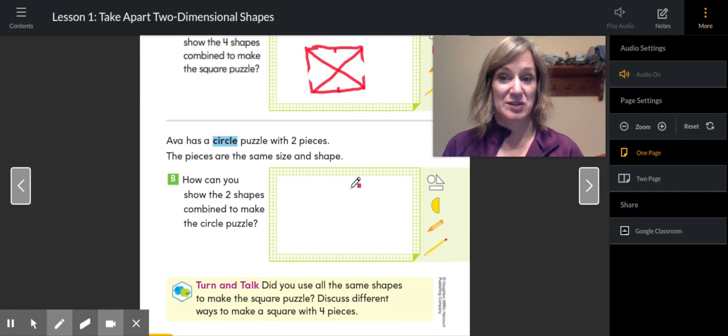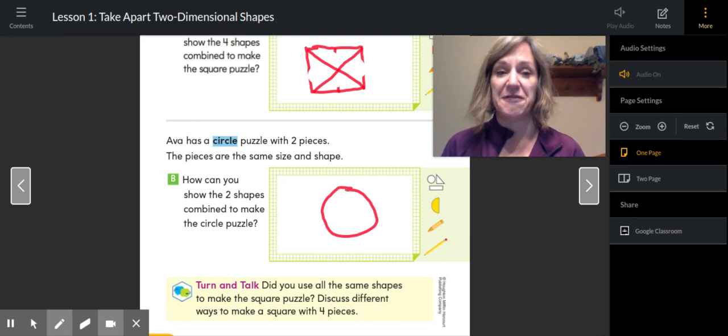So now here's a circle puzzle. Ava has a circle puzzle with 2 pieces. The pieces are the same size and same shape. So here's an interesting thing about circles. When you divide a circle, if you're going to have completely fair and equal pieces, the lines have to go through the center of the circle. So that would divide the circle into half.